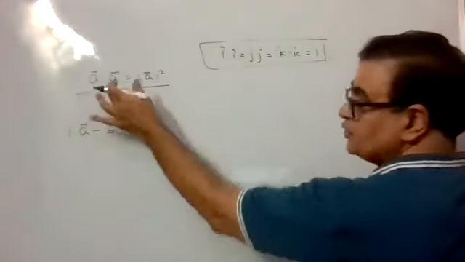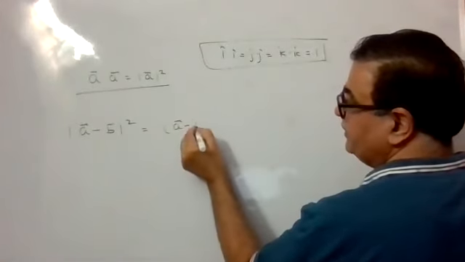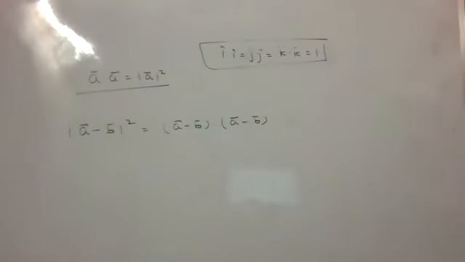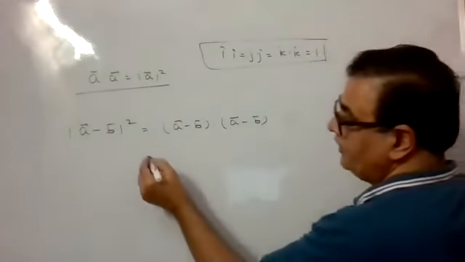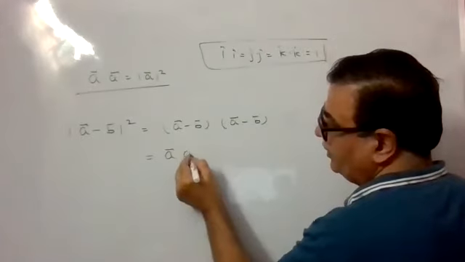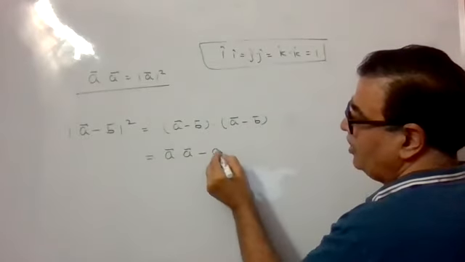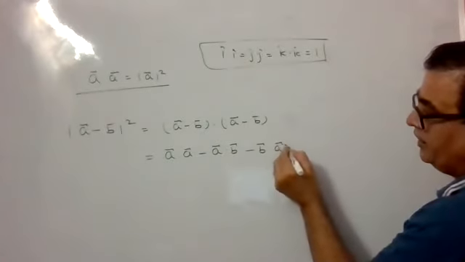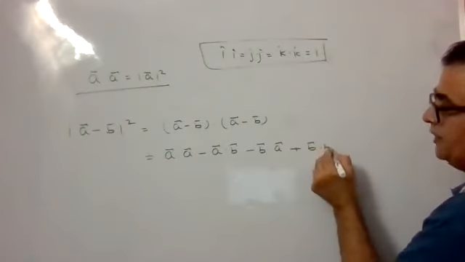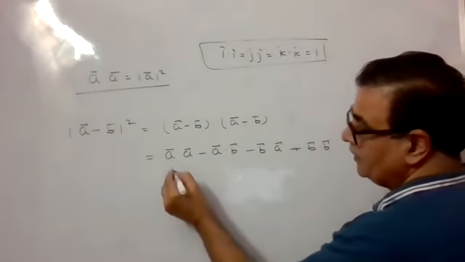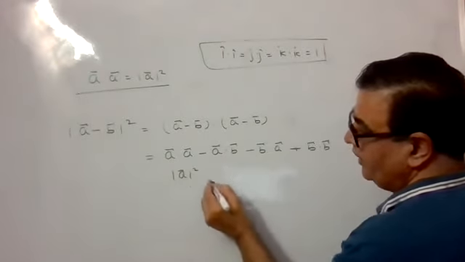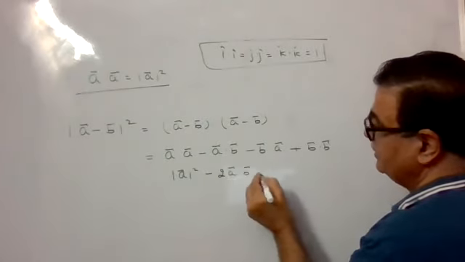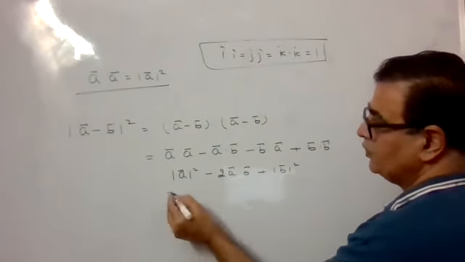So what I should write, I'll use this property again. It will be A minus B dot A minus B. Then when you solve it, it will come A dot A minus A dot B minus B dot A plus B dot B. What this will come out to be is magnitude of A square, then A dot B and B dot A are same, so it will be twice of A dot B, and this will be magnitude of B square.